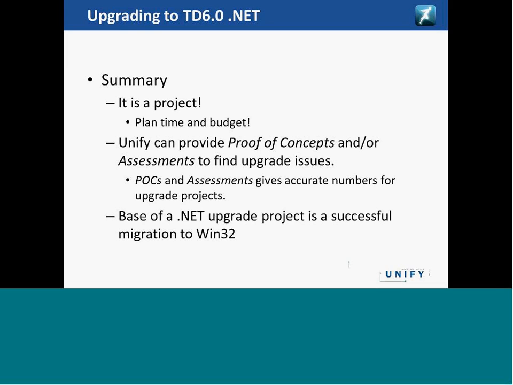First of all, we do a proof of concept, letting applications run on Win32, and if we do an assessment, then we look a little bit deeper into this. That means we try to find out what's the difference inside the source code, what's now not running on, for example, .NET, which third-party DLLs are involved, which versions these DLLs are from, and so on.